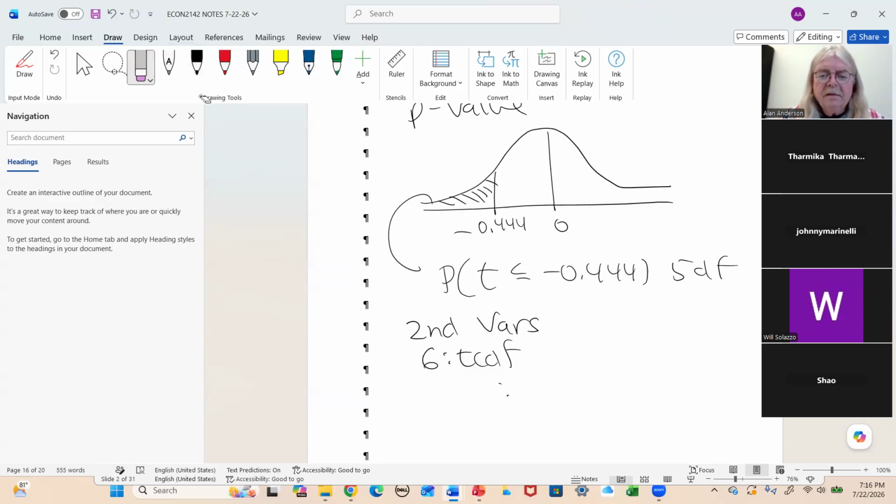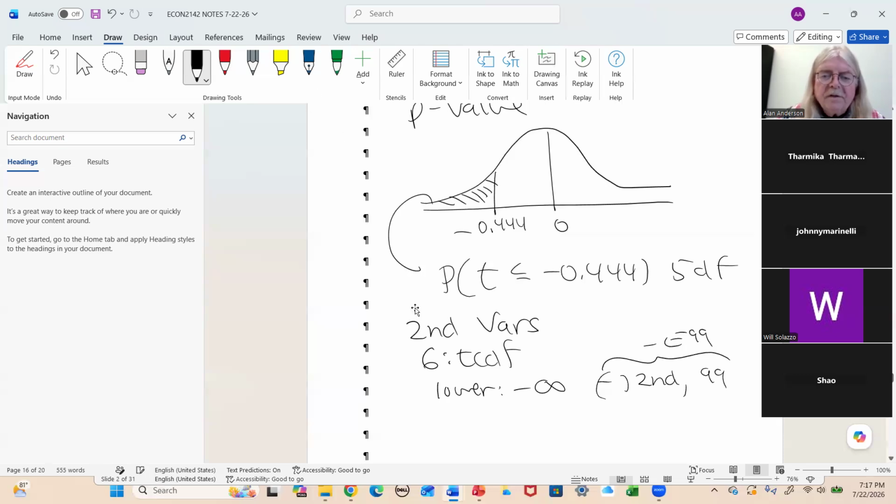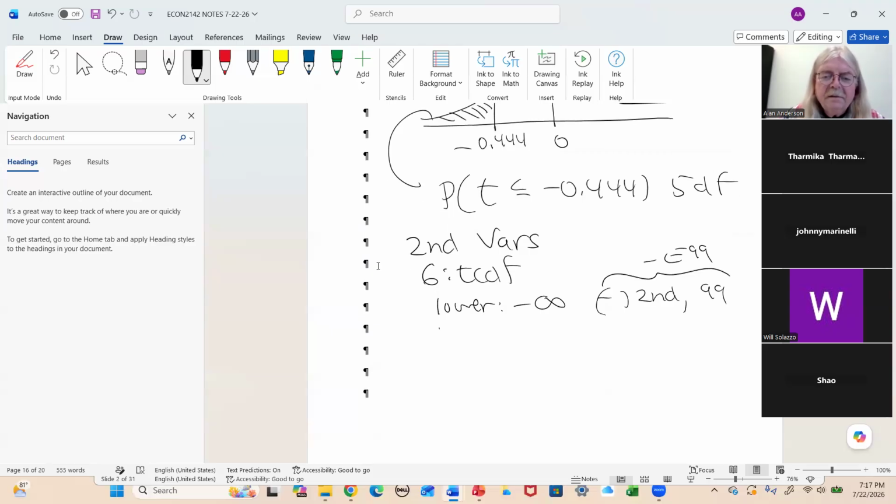Lower and upper. Upper is the negative 0.444.